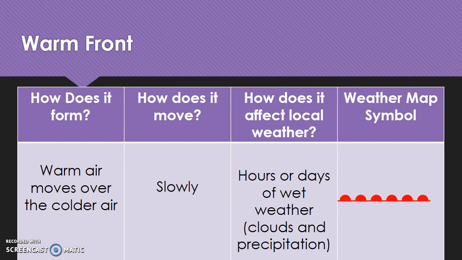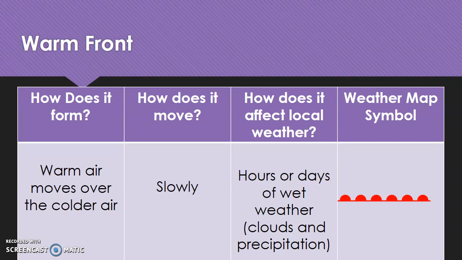And the weather map symbol is red. It's a line with all those little half circles coming off of it. The really easy way to remember the warm front is, first of all, it's red, because red usually represents warm or hot things. And the way you can remember that it's the little round symbols is, I like to think of a sun, and the sun is round, at least when we draw it.